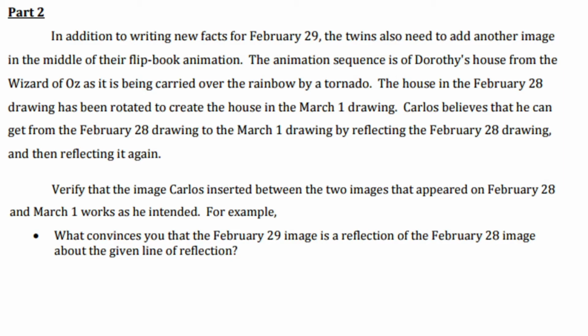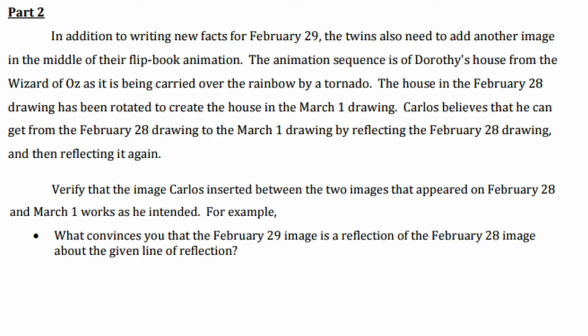The house in the February 28 drawing has been rotated to create the house in the March 1st drawing. Carlos believes that he can get from the February 28th drawing to the March 1st drawing by reflecting the February 28 drawing and then reflecting it again. So Carlos is conjecturing that 2 reflections can be the equivalent of 1 rotation.